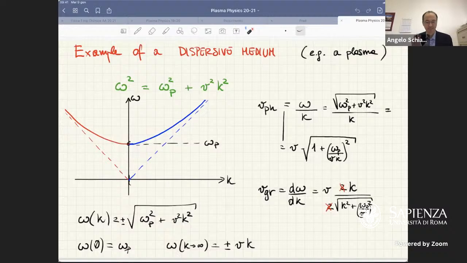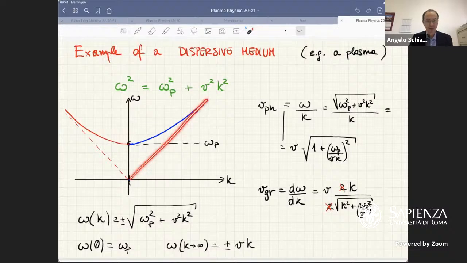And there are two important classes of media. The ones that don't have any dispersion, so for instance, they don't have this constant term here. And basically, we see that the phase velocity and the group velocity are the same.